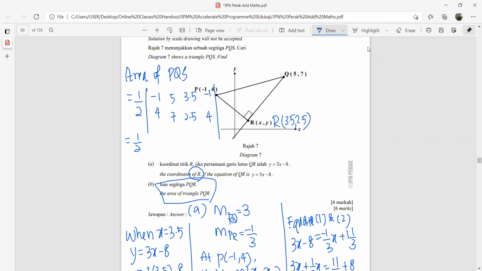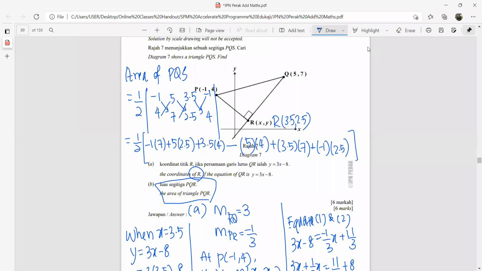Okay, 1 over 2. So you have to know how to multiply, and then minus this way. 5 times 4 plus 3.5 times 7, and then plus negative 1 times 2.5.